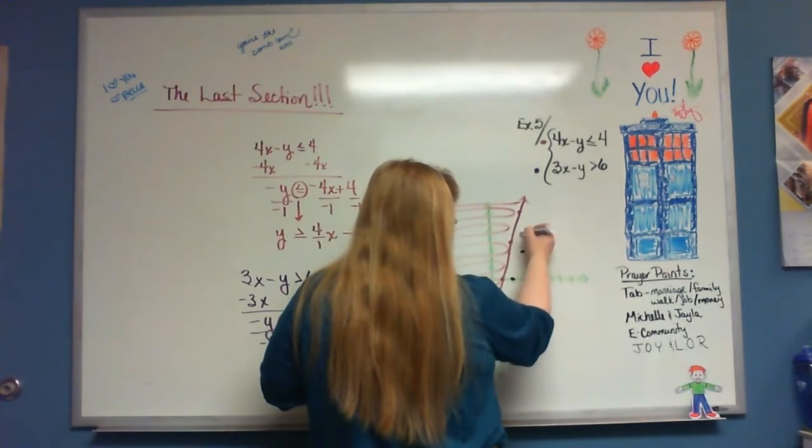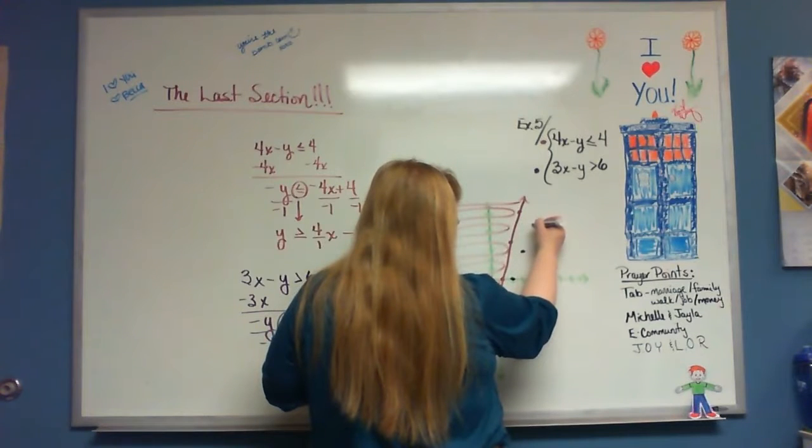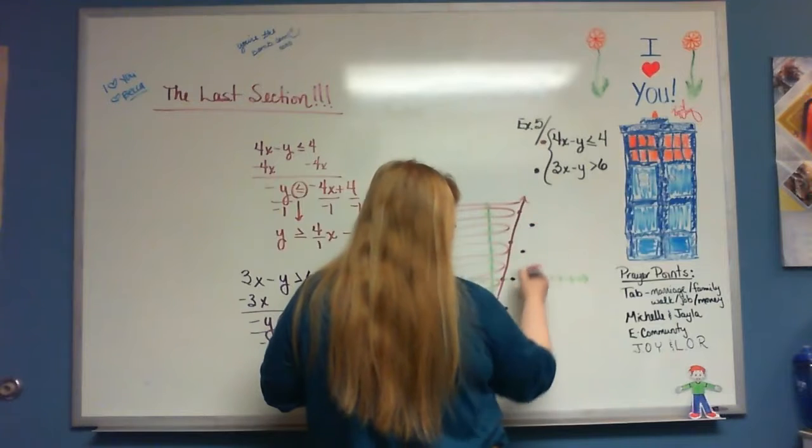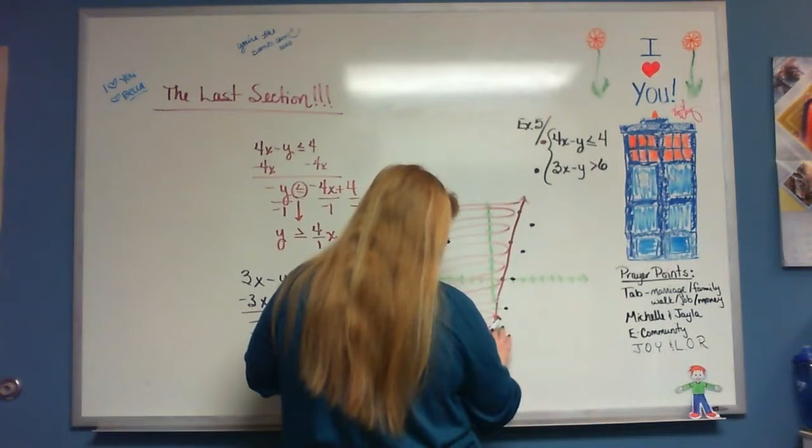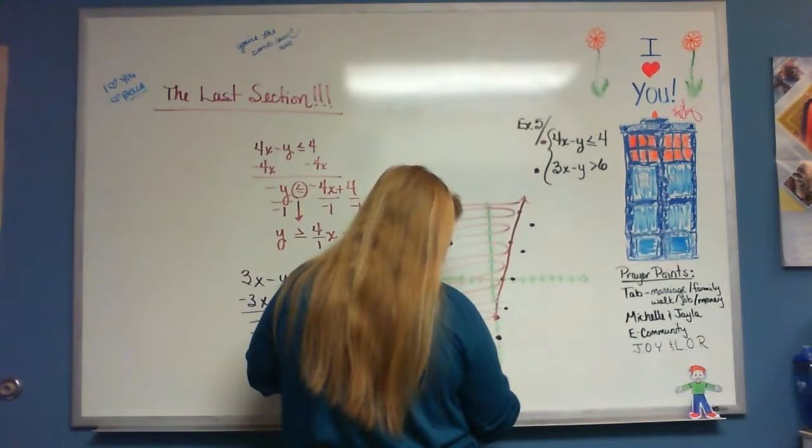Up 3 and over 1. Better go down 3. Back 1. Better redraw this one better.